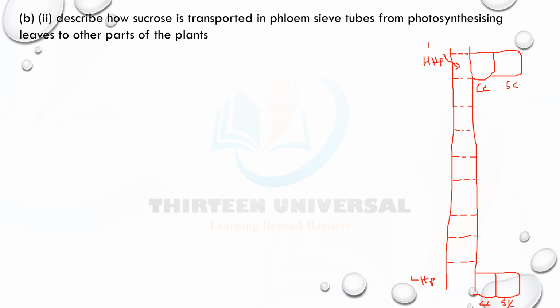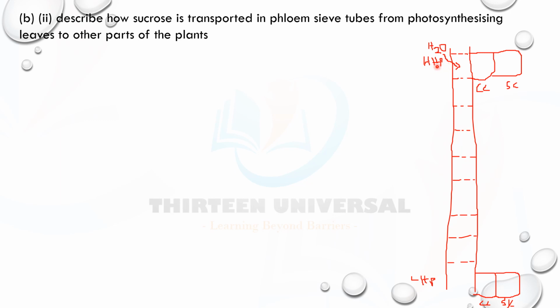Because it now has low water potential, water is going to move from neighboring tissues, like the xylem, by osmosis, down the water potential gradient. So water moves from here into this place. When it does, the volume of the phloem sap increases, and therefore the hydrostatic pressure increases.